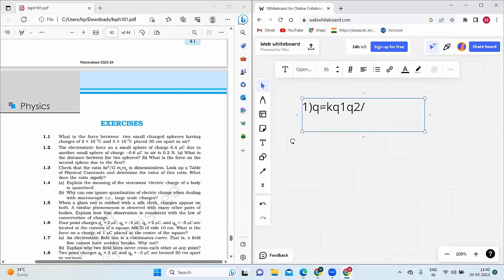We know that the electrostatic force acting between two charges is k q1 q2 by r square.